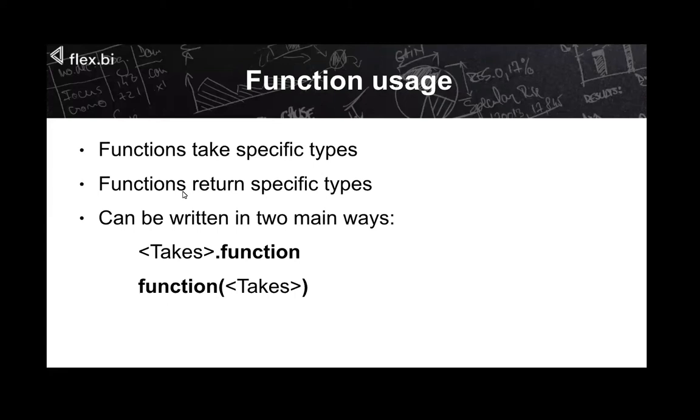Functions can be written in flex.bi in two ways, or there are two syntaxes for functions. One is using a dot and then the function name. The other one is using the function name and putting what it takes as parameters for the function in the brackets. In the first case, the function takes what is before the function.